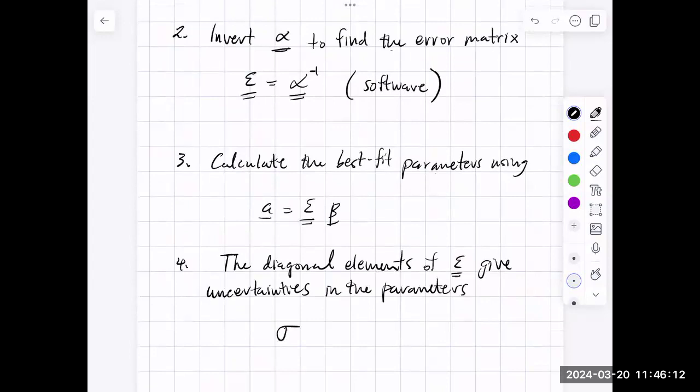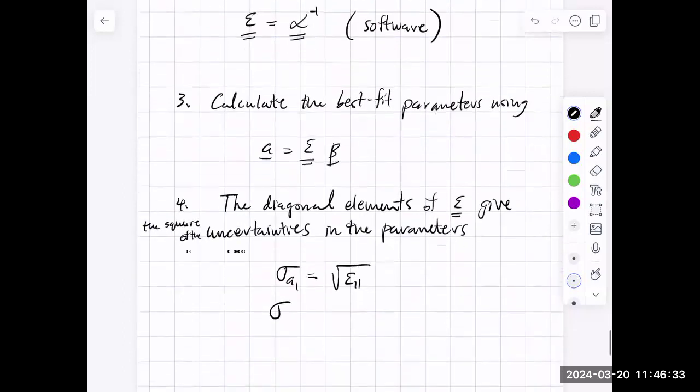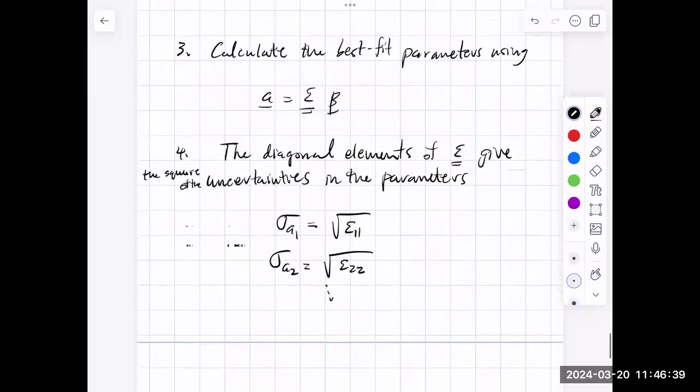And so sigma A1 is going to be the square root of epsilon 11, and sigma A2 is going to be the square root of epsilon 22, and this would just keep going till you get to your last one, sigma AM, of your mth parameter, is the square root of epsilon MM.